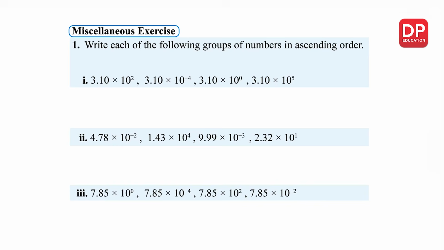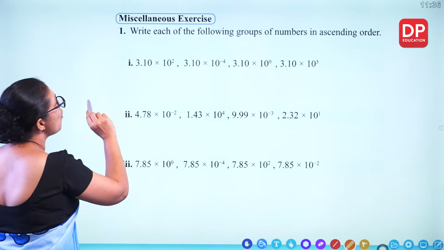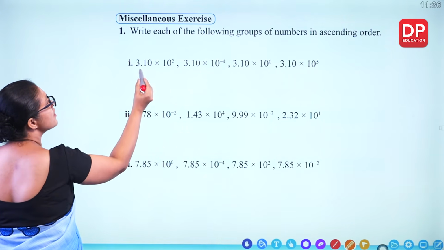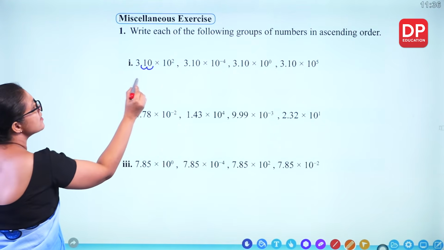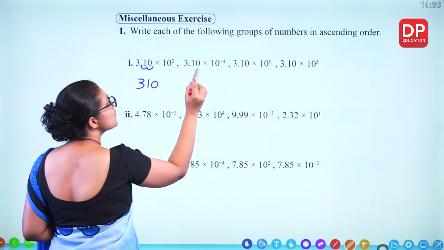Miscellaneous exercise, write each of the following groups of numbers in ascending order. So if we write in ordinary form, you can compare the numbers. So we'll write in general form. This is multiplied by 100. So move the decimal place 2 places to the right. So 310. What about this one? This is minus 4.